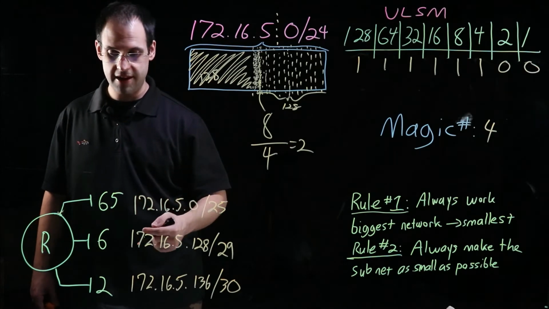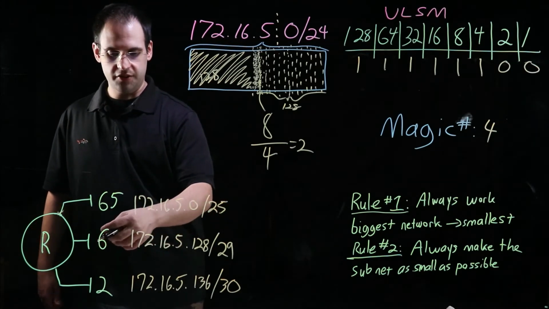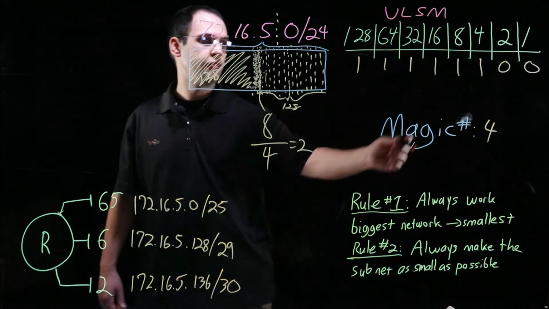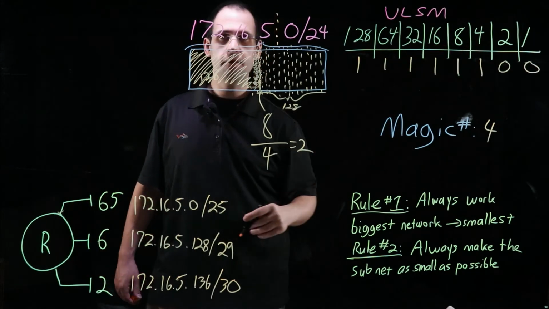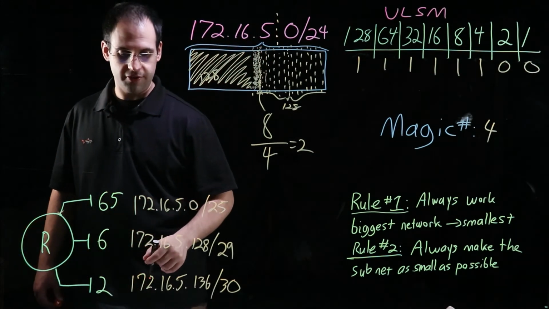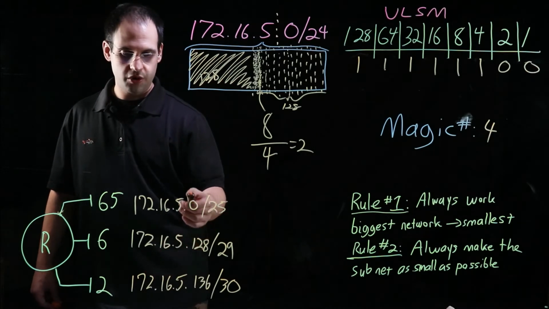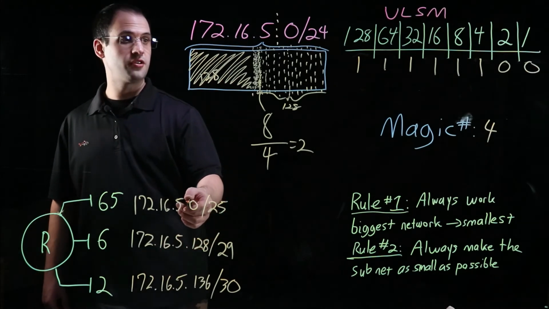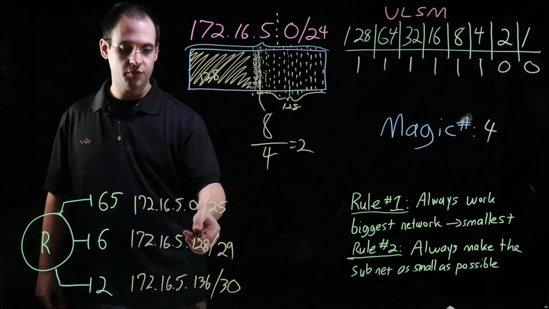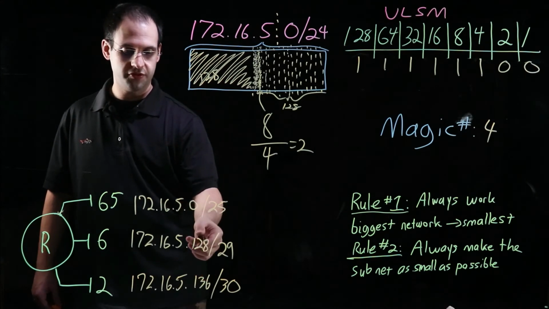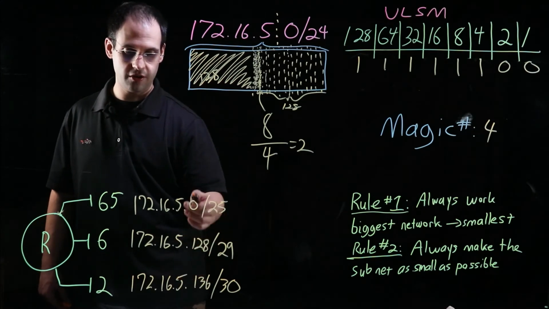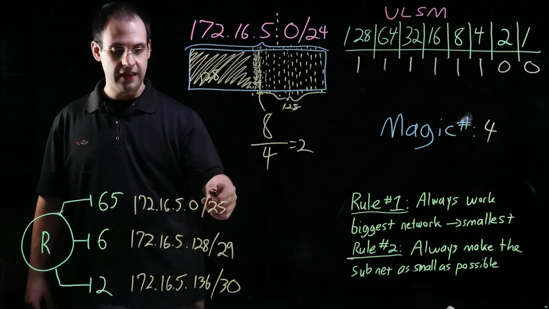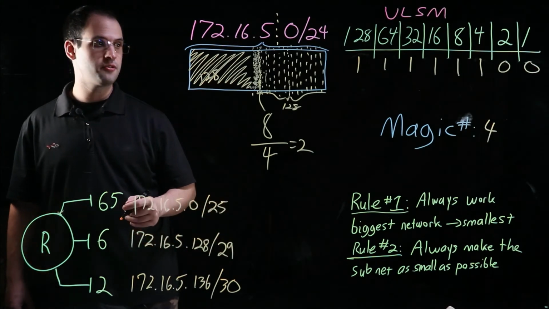The 6 and the 2 line up perfectly with the 6 here and the 2 there. Just so happen to work out that nicely. And as we're going through the networks, we can easily determine we started at 0 here. Then this one went up to 128. Plus the 8 brings me up to 136. So we've got our 3 different network addresses and their subnet masks that go along with them accordingly.